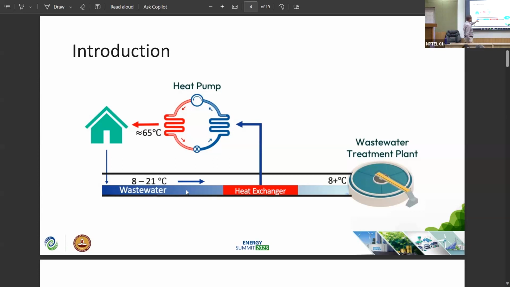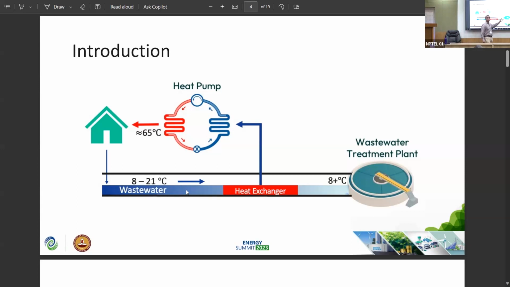So the technology is there, but to deploy this technology on a large sewer network, the problem is you're extracting heat from the wastewater, and that will reduce the temperature of the wastewater, which can cause some problems at the treatment stage.